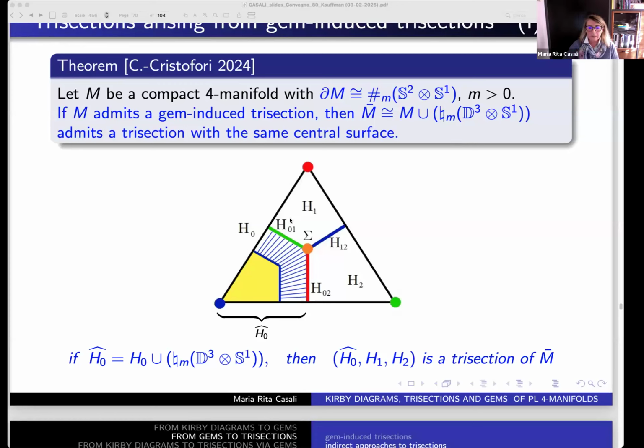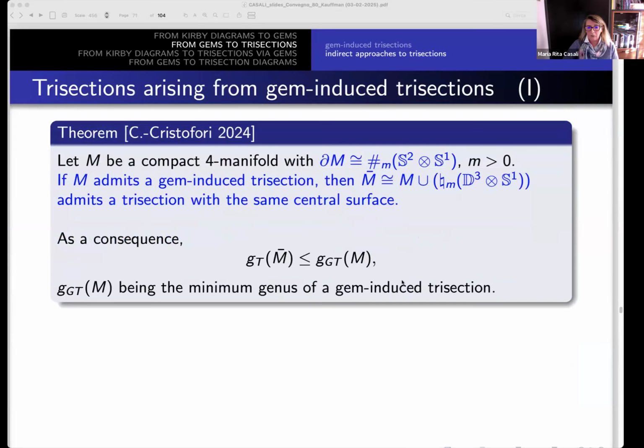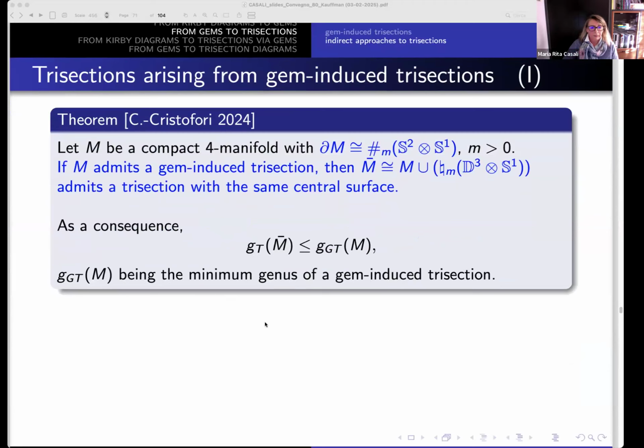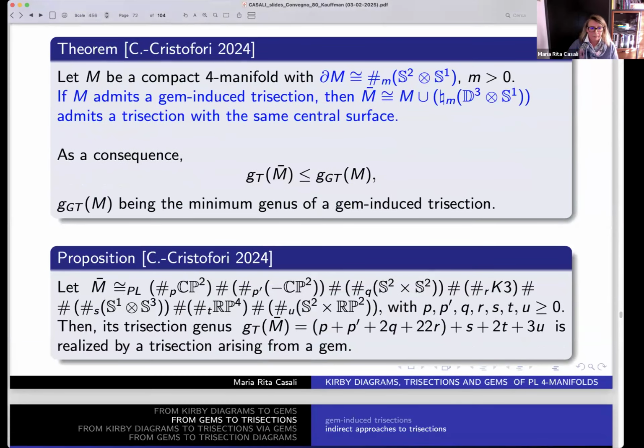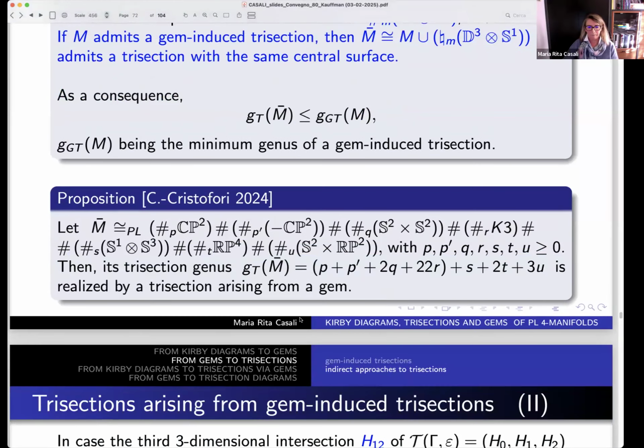As a consequence, since the central surface is not affected, an upper bound for the trisection genus is obtained, and in particular, this upper bound turns out to be sharp for a wide class of orientable and non-orientable four-manifolds, comprehending all standard simply connected four-manifolds, but also non-simply connected ones.